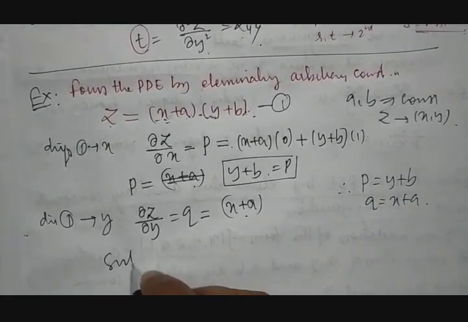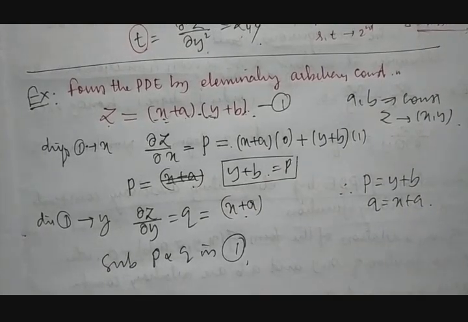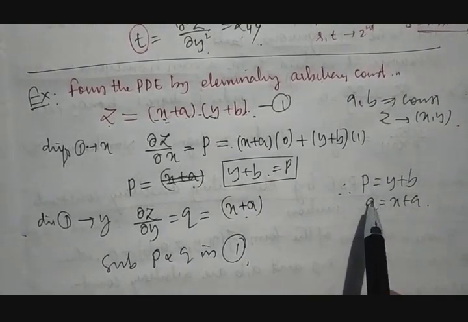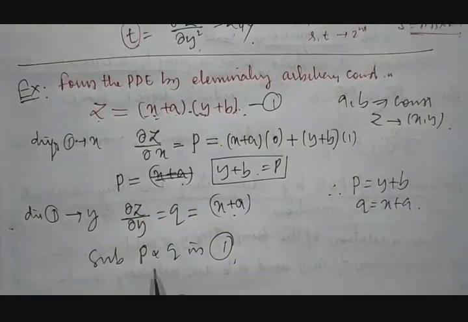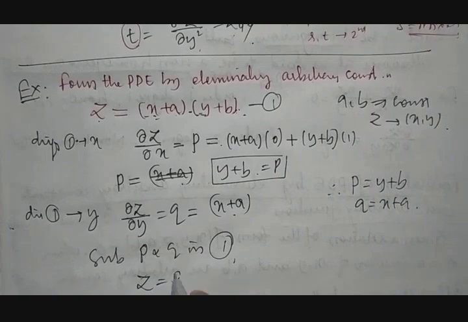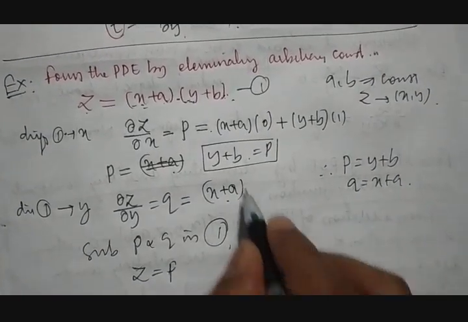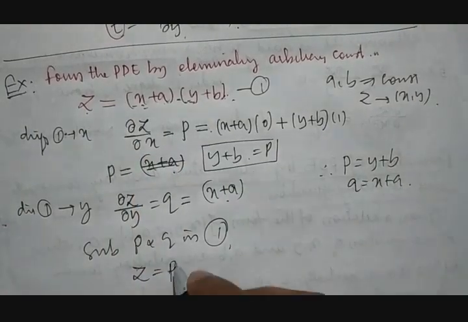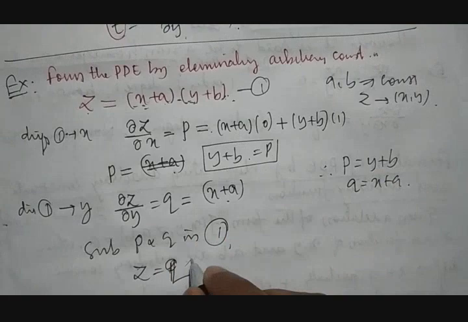Then substitute these values of p and q in equation number 1. Then x plus a is equal to q, and y plus b is equal to p.